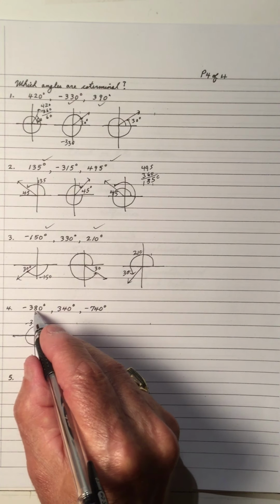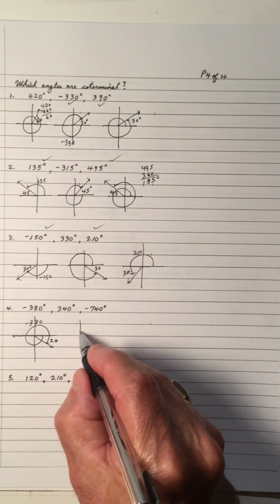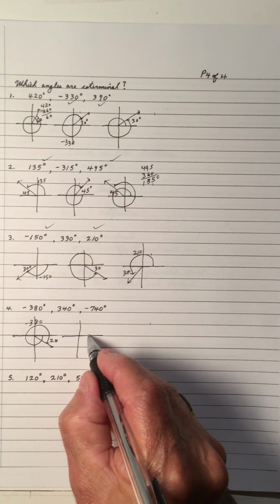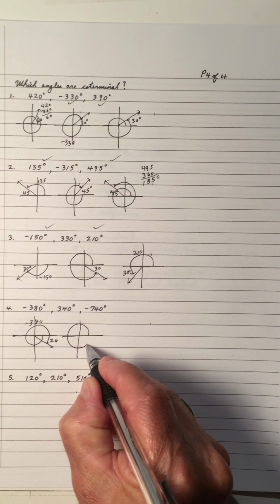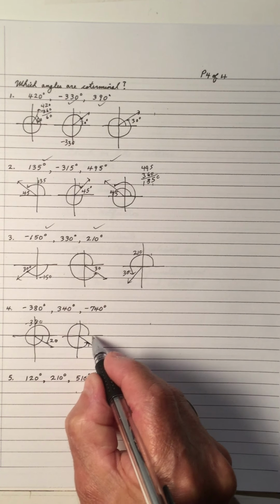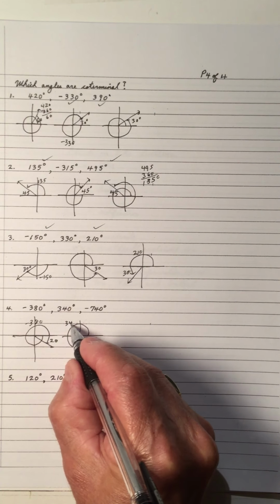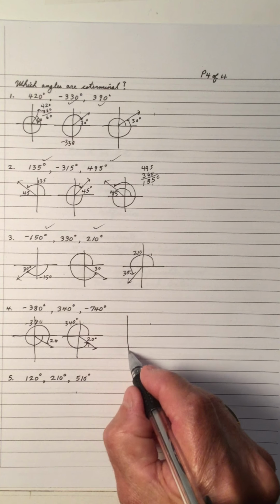To be coterminal to this one, you have to end up in the fourth quadrant with a reference angle of 20. So 340 degrees is 90, 180, 270, right around till we get to here. Terminal arm is there, and that angle is 20. 340 ends up with a reference angle of 20, same quadrant.